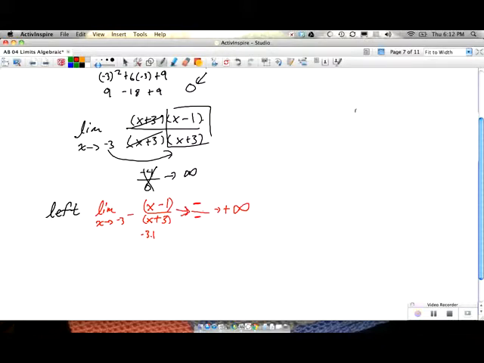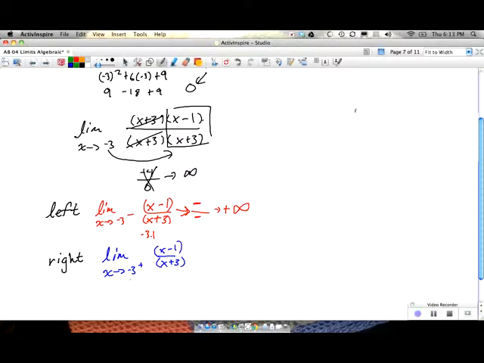Now again, we're not really talking about actual numbers because infinity is not a number, but good enough for now. Okay, let's check the right side. I bet you guys are guessing it's not going to work the same. That's what I'm guessing. X approaches negative 3 from the right. We have x minus 1 on top, x plus 3 on bottom.